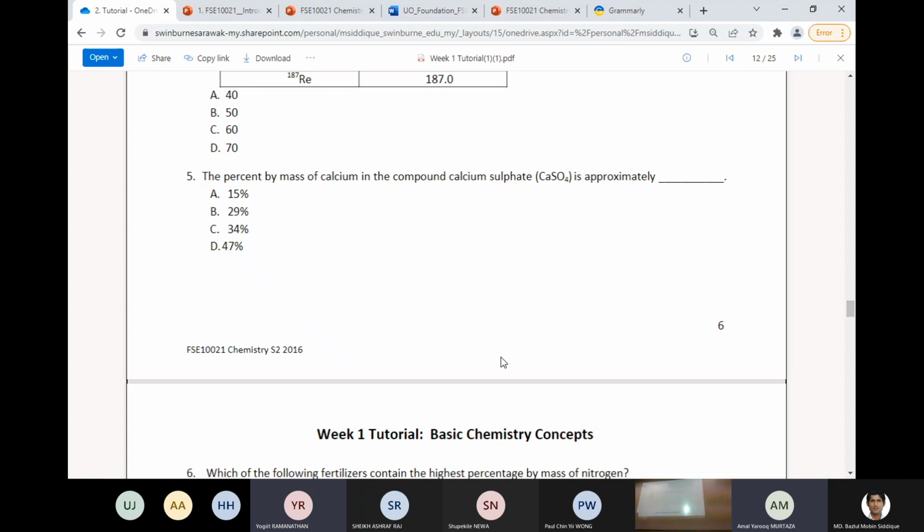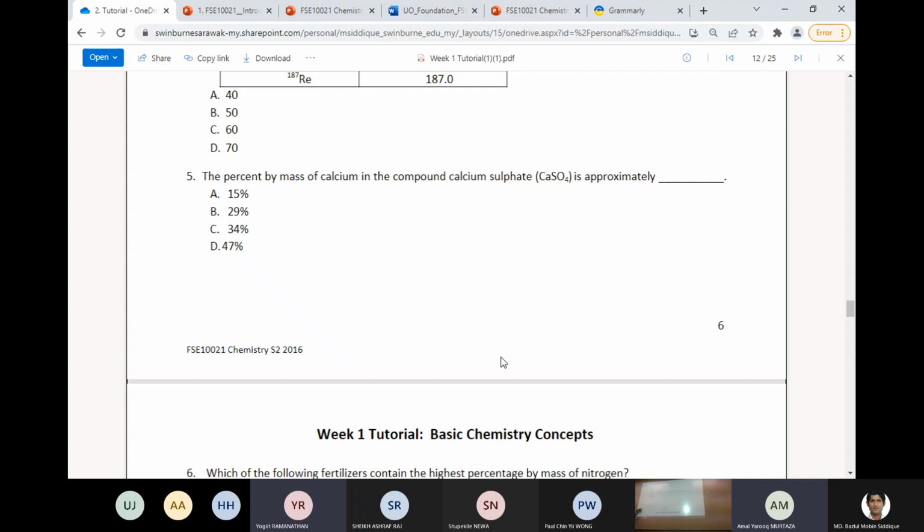I want you to do this. What is the percentage of calcium? Tell me, anybody? How do I do it? If you don't want to do it, tell me and I'll do it.